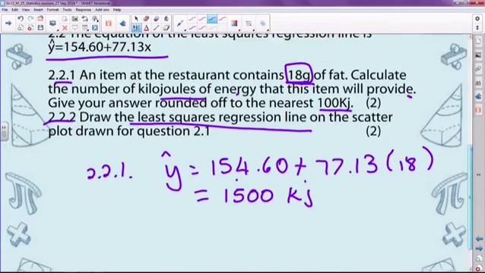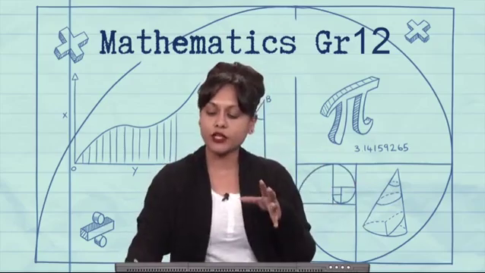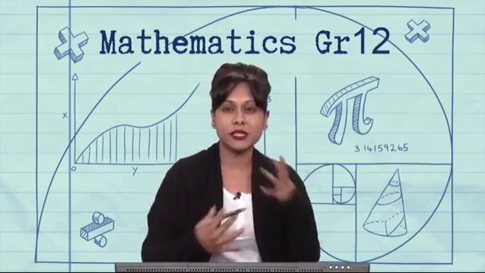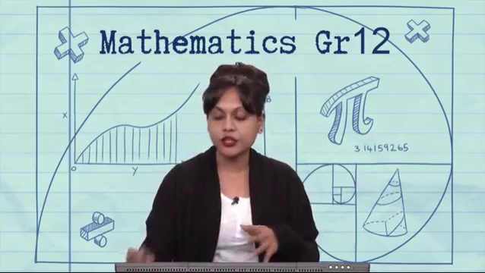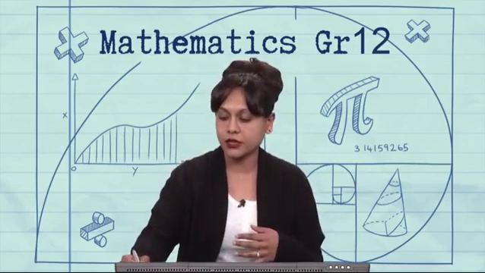Okay, the next one, draw the least squares regression line on the scatter plot drawn in question 2.1. So what you would do there, remember you've already got your scatter plot drawn. You've already got the equation of the least squares regression line. It was given to you. So you're simply going to draw that line onto your graph paper. So it's going to look like this.